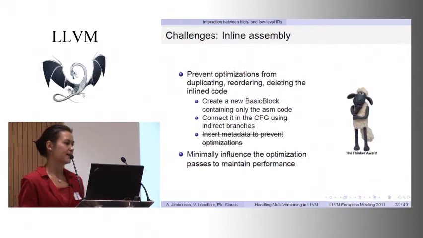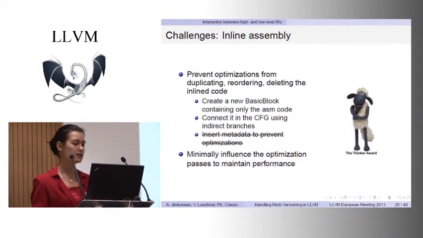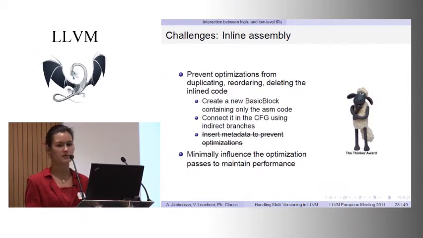Another challenge that we had is how to handle the inline assembly, because we have to protect it really seriously against the optimizations. We had problems because the labels were duplicated, because of reordering of instructions we were jumping somewhere where the label was misplaced, and we also had problems with the inline code being deleted when it was considered dead code by LLVM.